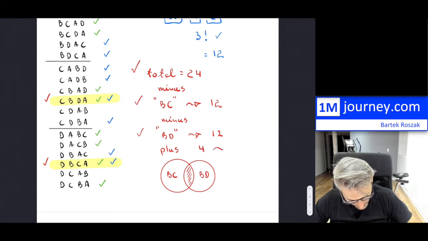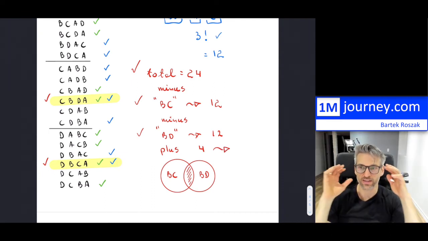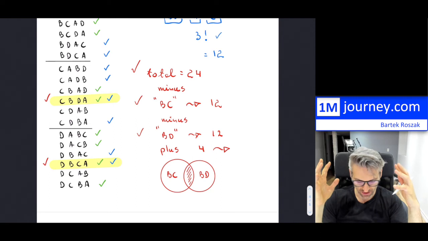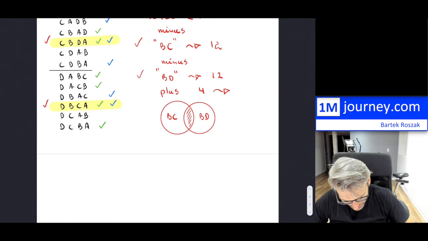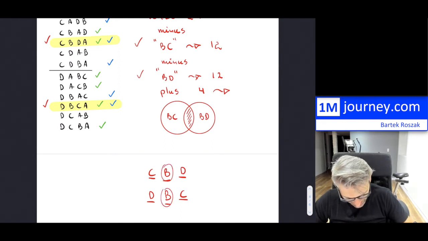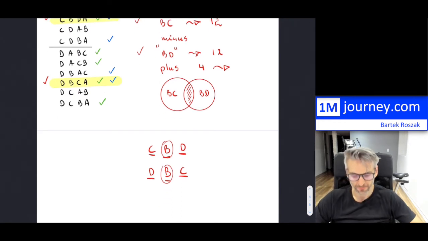But now, how do we come up with this 4 in terms of an intuitive amount? What do we have to think about? Well, notice in all of them, we have B in the middle, and then you either have a C here and a D here, or B in the middle and then a D and a C. Because in these two cases, B is going to be beside C and beside D in both ways.